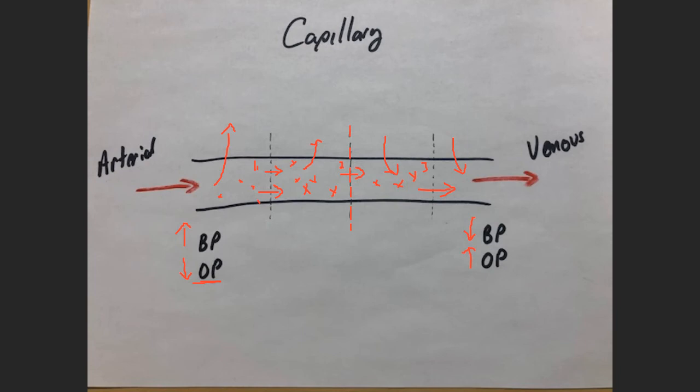These arrows are not meant to necessarily compare any particular pair of variables. More so, when you see the blood pressure arrows increased and decreased, we are comparing blood pressure from left to right. Those two arrows are meant to imply that the blood pressure on the arterial side is higher than the blood pressure on the venous side.